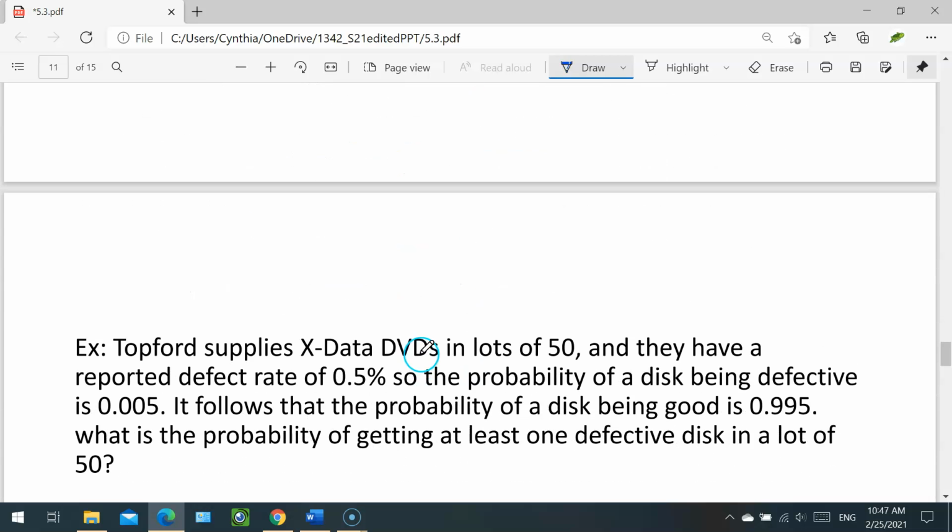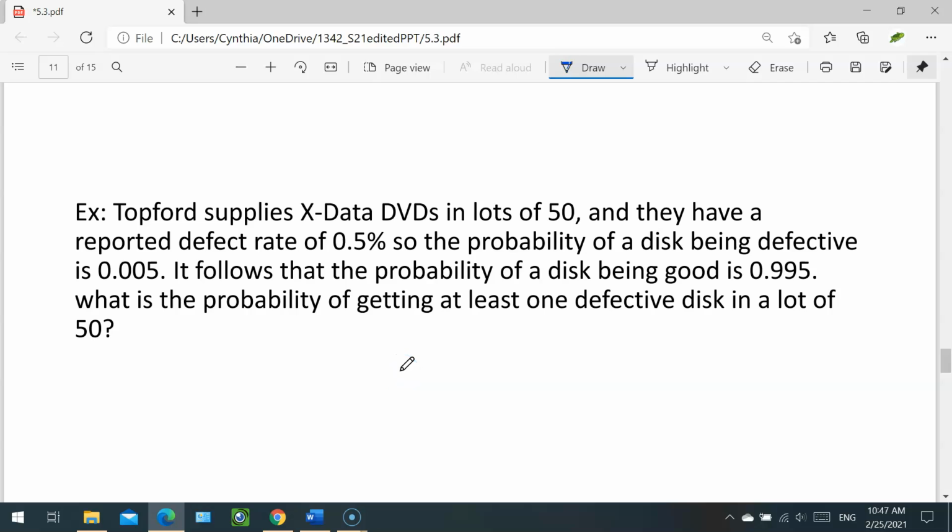So we look at this example. Top 4 supplies X data DVDs in lots of 50. They have a reported defective rate of 0.5%. So the probability of a disk being defective is 0.005. It follows that the probability of a disk being good is 0.995, right?